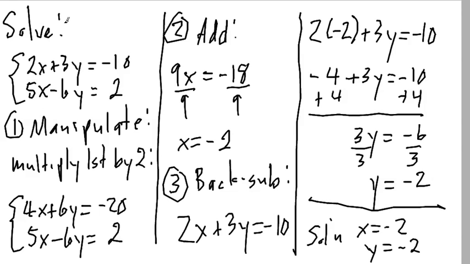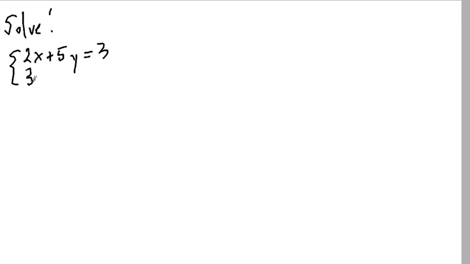Okay. Let's do one more of these, and we'll see that sometimes we actually have to multiply both equations by something to make things cancel out appropriately. So this time let's solve the equations. The equations are 2x plus 5y is equal to 3, and 3x plus 8y is equal to negative 1.